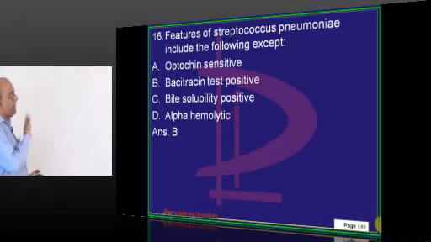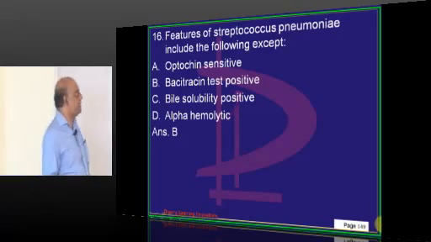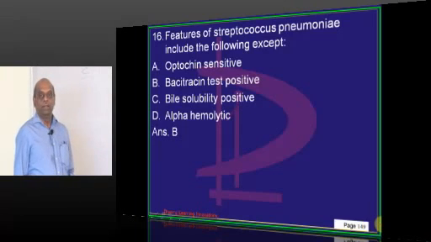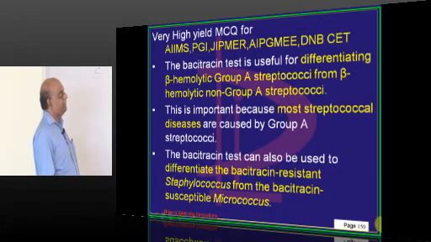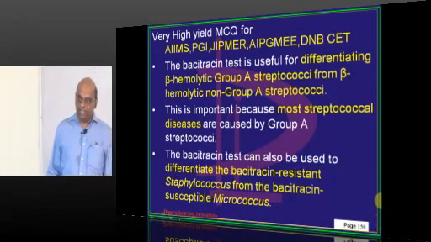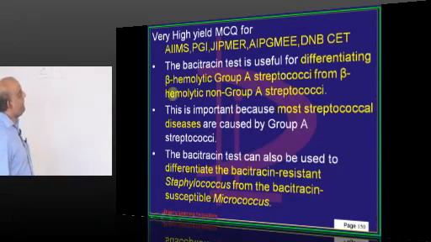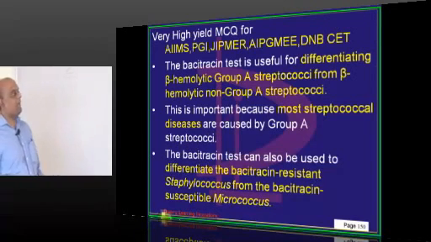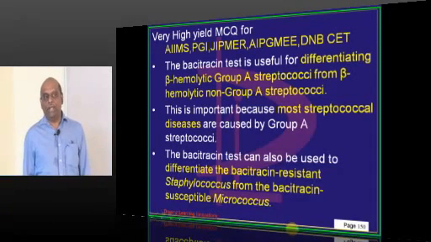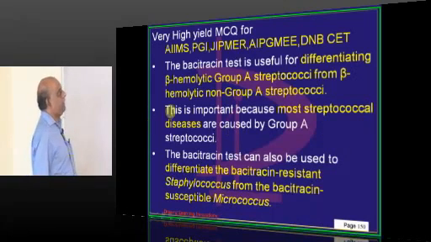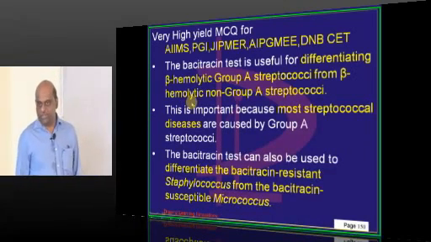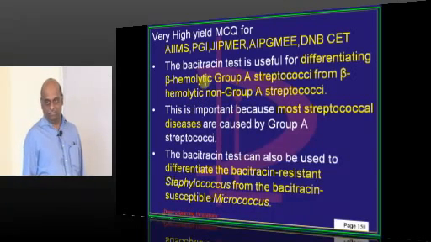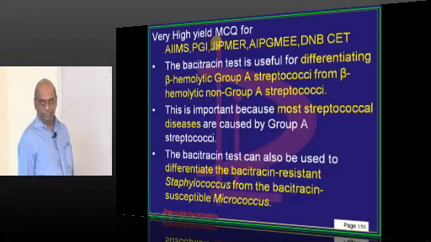So it is optochin sensitive, bile solubility positive, alpha hemolytic, but it is bacitracin test negative. The bacitracin test, why do we use? To differentiate beta hemolytic group A streptococci from the beta hemolytic non-group A streptococci. Most of the streptococcal infections are all because of the group A beta hemolytic streptococci.